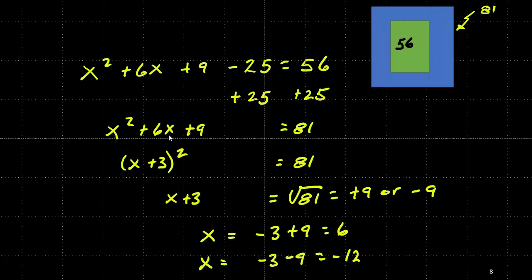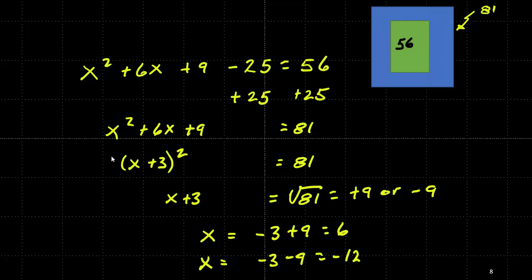Now we're going to write this perfect square in terms of squared binomials. That's going to be x plus 3, quantity squared, equals 81. And this is where it gets really easy for us to solve for this rectangular equation.